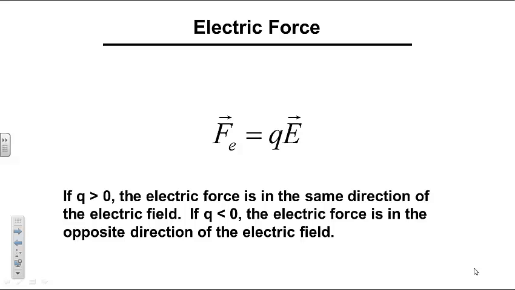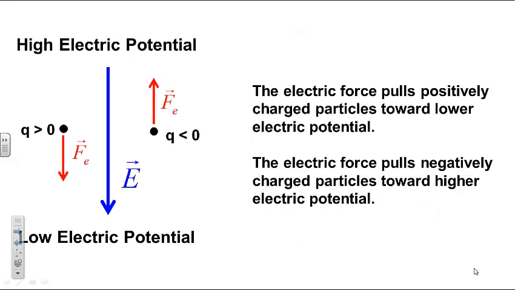Since electric fields point from high electric potential to low electric potential, the electric force pulls positively charged particles toward lower electric potential and negatively charged particles toward higher electric potential.